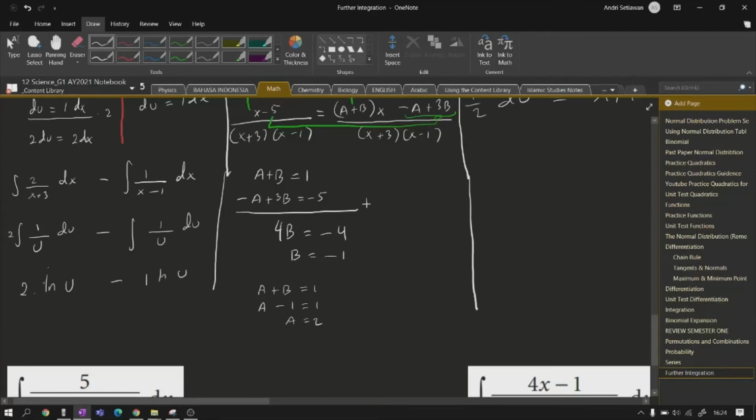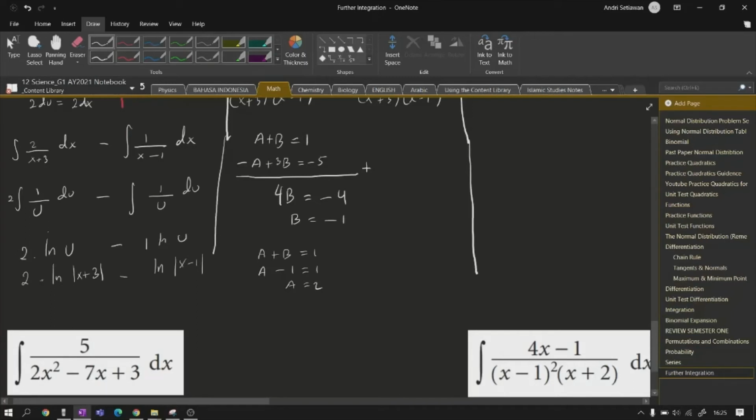For the right side, u means x plus 3, so we write x plus 3 inside the bracket, and for 1 ln u, u is x minus 1.